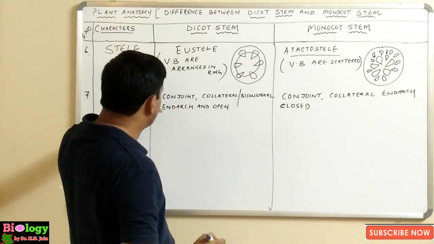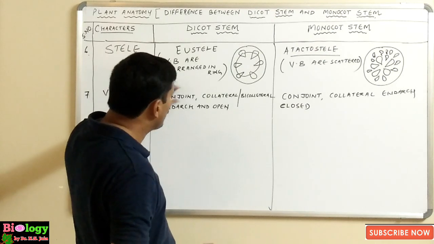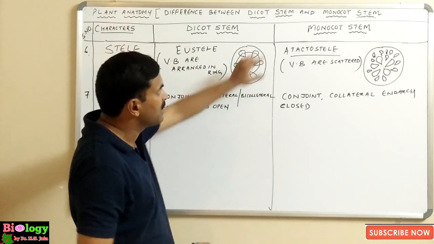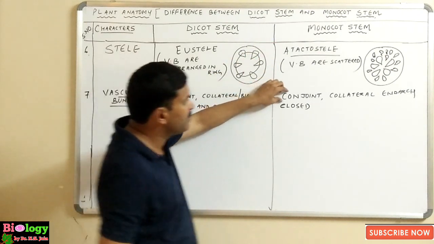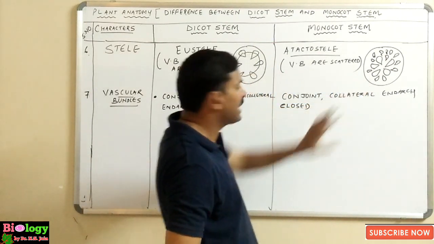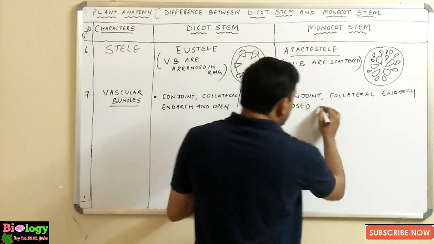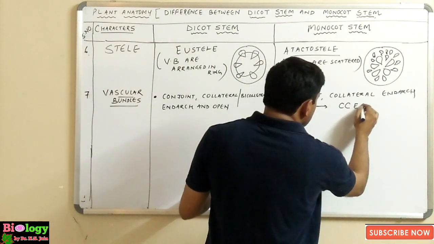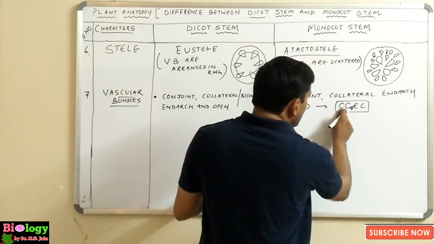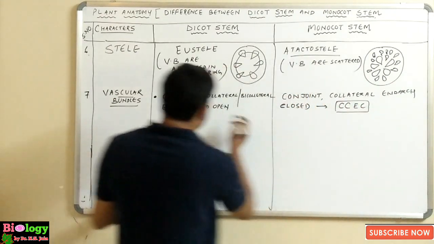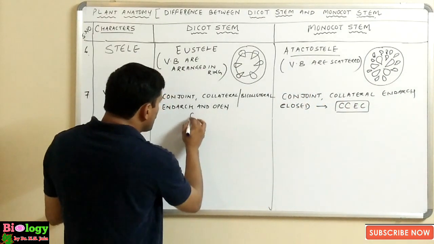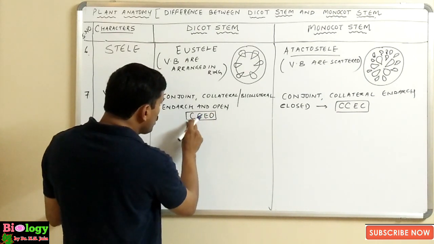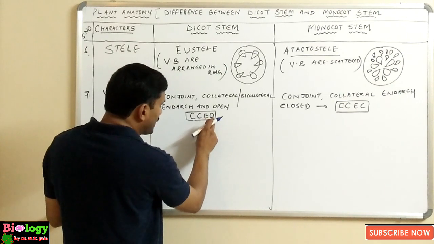So the type of the vascular bundle in the dicot stem is conjoint, collateral, sometimes bicollateral, endarch and open, while in the monocot stem the vascular bundles are conjoint, collateral, endarch and closed. You can also learn by the code CCEO, means conjoint, collateral, endarch and open.